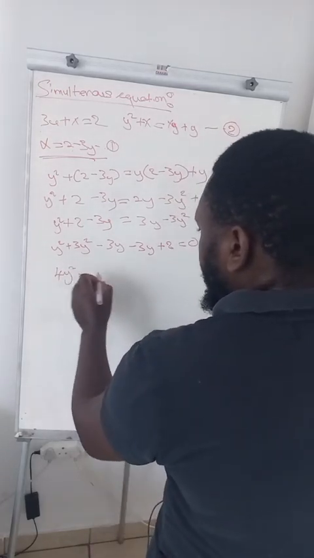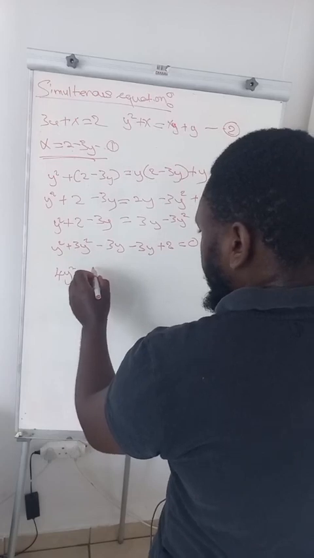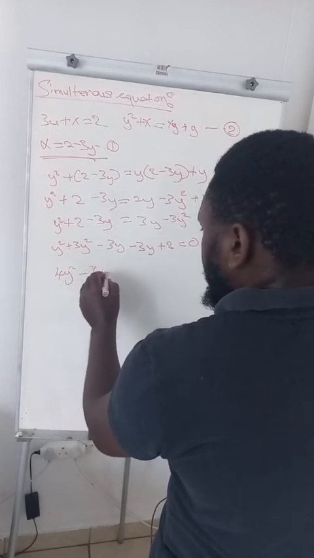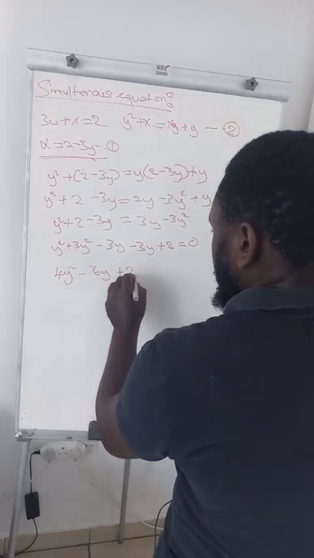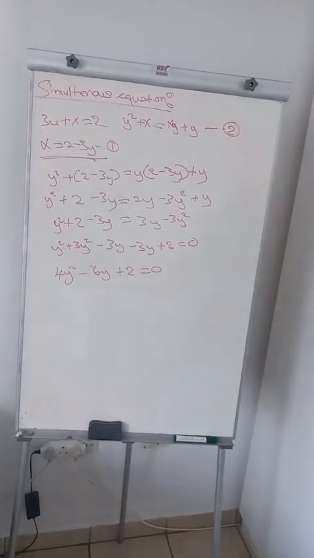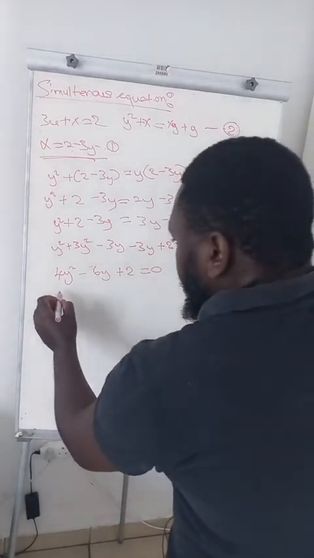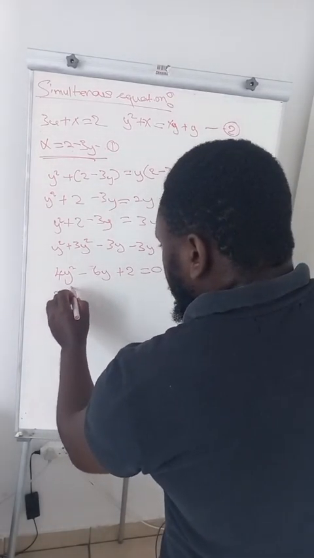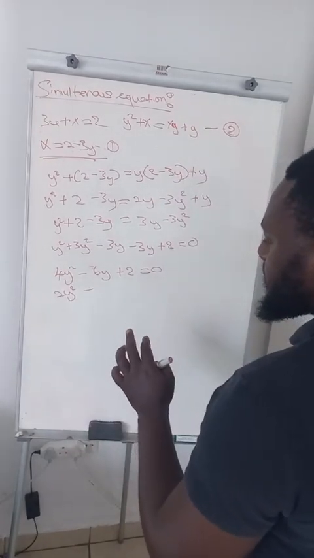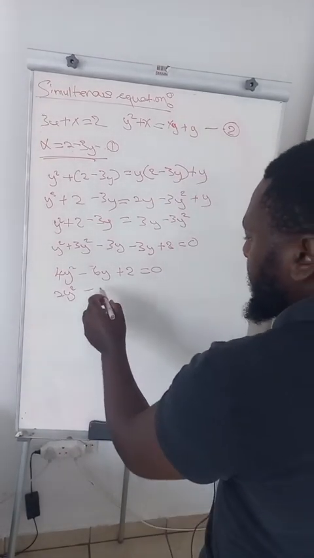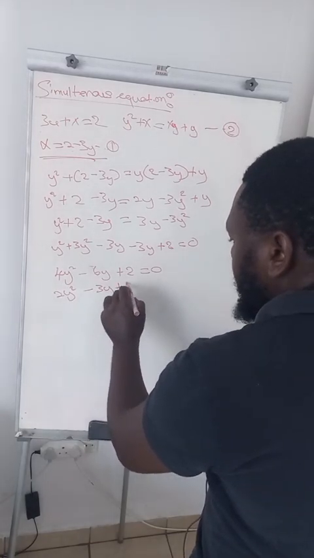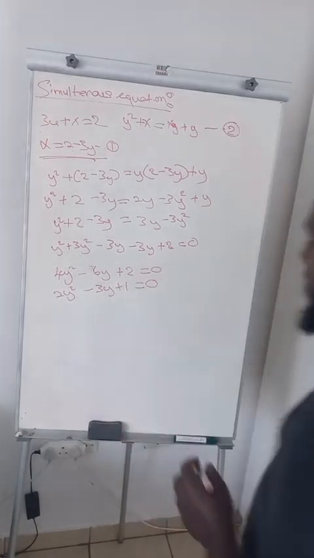This will give me minus, not 3, minus a 6y plus a 2 is equal to 0. I'm coming back to more like the same thing. Here you'll have 2y squared, dividing the whole equation by 2, and then here to be a 3y plus a 1 equals to this.